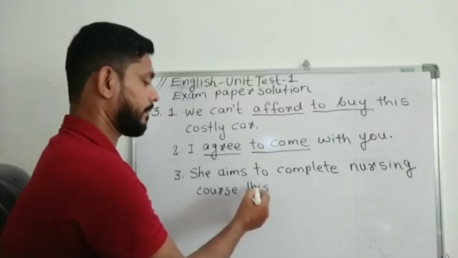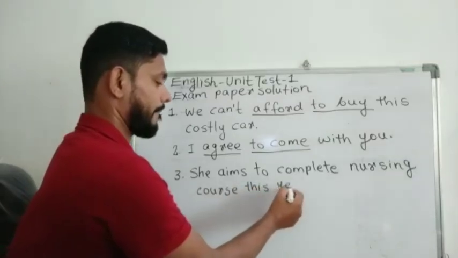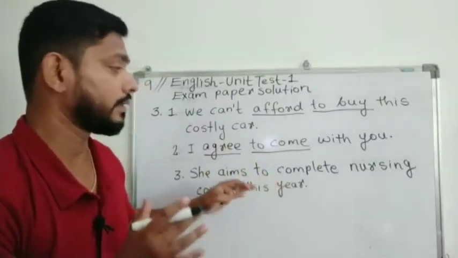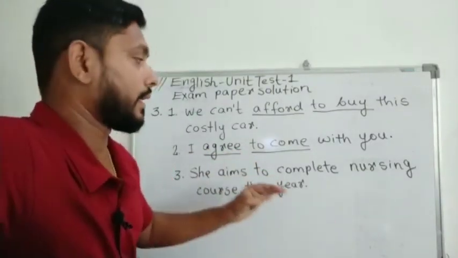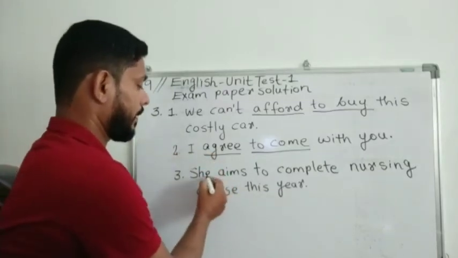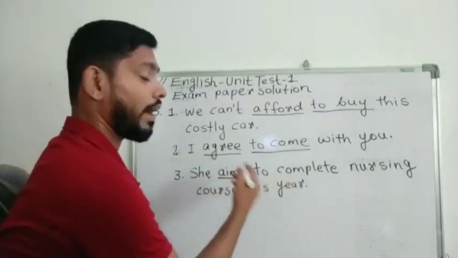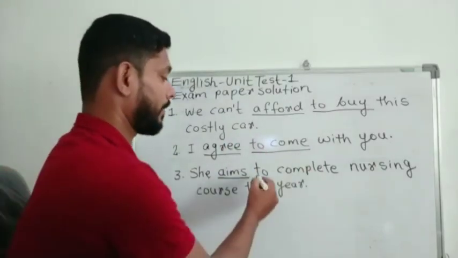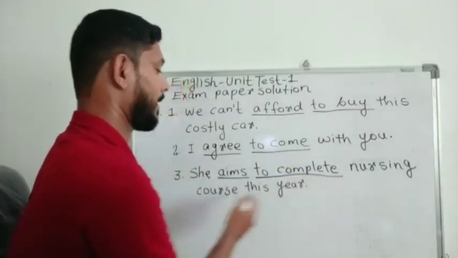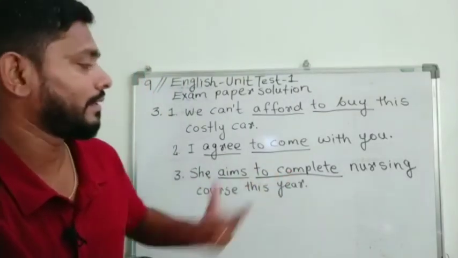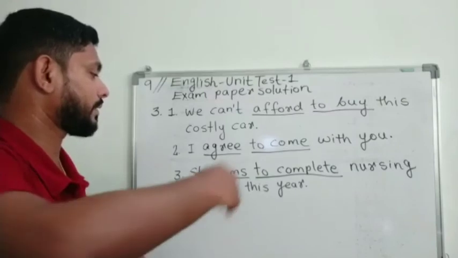Okay, it's a simple sentence. She is aiming to complete the nursing course this year. She aims. What is the verb here? Aims. And what she aims is given in the infinitive form, to complete. So this is clear to you all. She aims to complete nursing course this year.